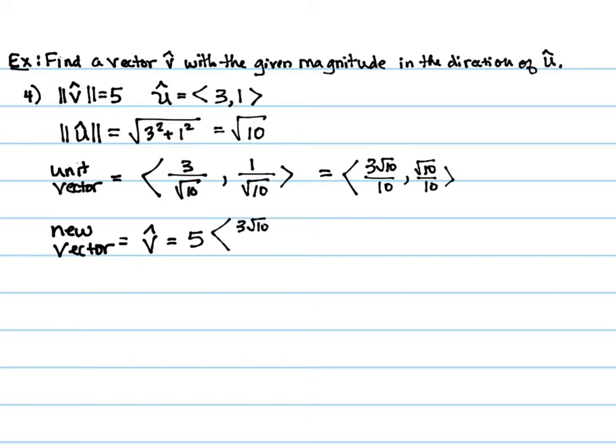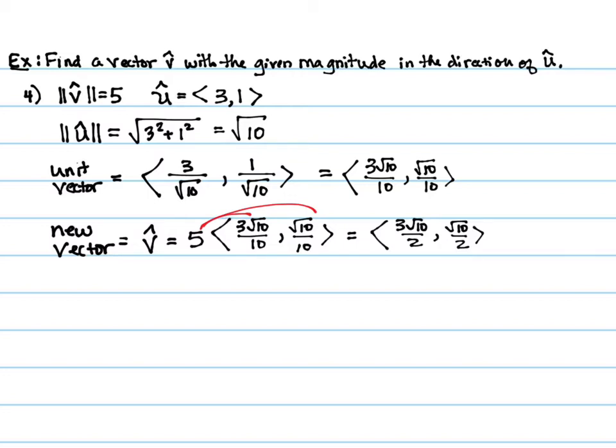So this is 3 square root 10 over 10 and square root 10 over 10, and I'm multiplying by my 5. So what does this give me? 3 root 10 over 2 and root 10 over 2. Yes. Any questions?